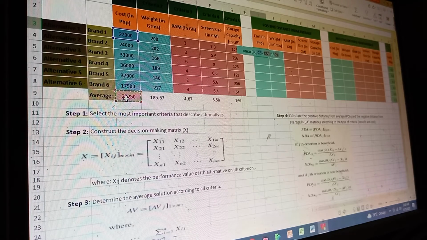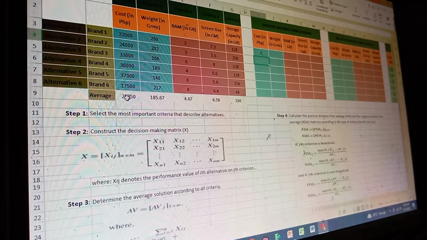So we will press F4 again. So we will copy all the way.